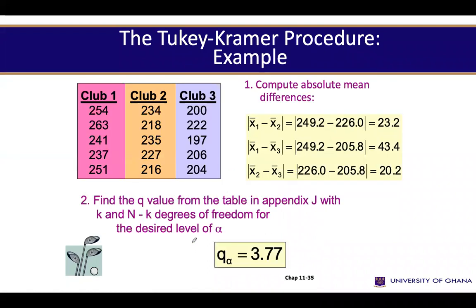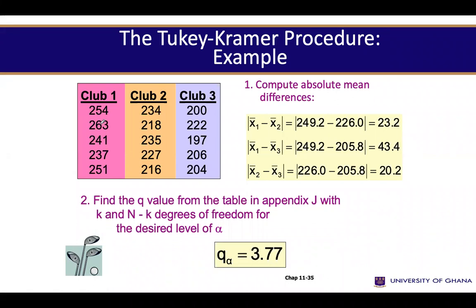So let's look at this example. I think you remember this example that we had. We had the 3 golf clubs, and we wanted to find out whether the club actually made a difference in the distance that the ball travels, right? So did the club matter?